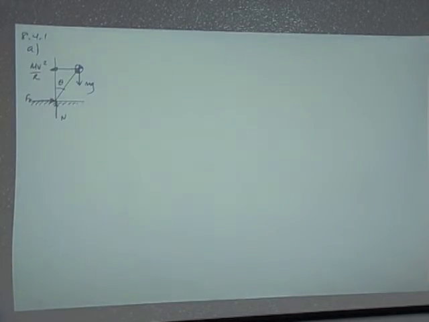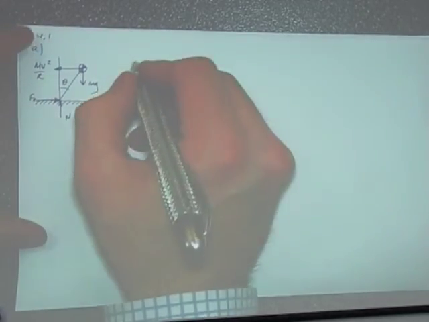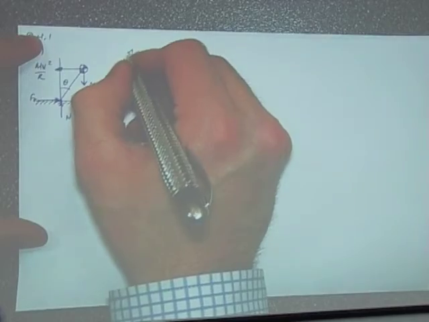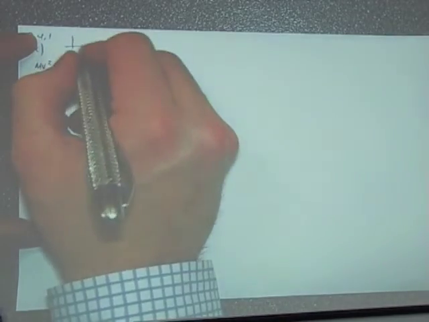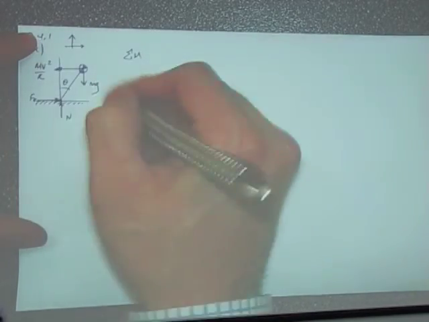If we do the sum of the moments about the pivot point, my axes look like this. I've got mg times r sine theta as the positive, minus m v squared upon r applied over this distance, which we know is r cos theta, and that equals 0 because we don't want it to roll.